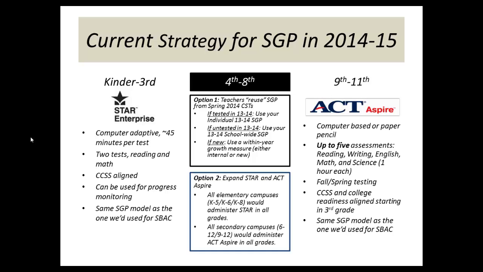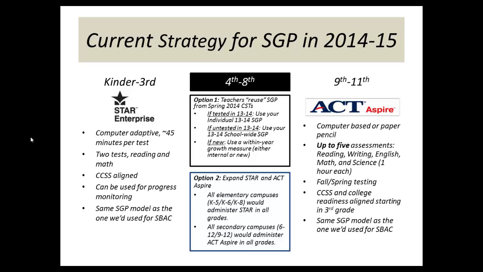Option 2 for next year is to effectively expand STAR and ACT Aspire to every grade level. So what would that look like? At all elementary campuses, so a K5, a K6, a K8, every grade level would administer STAR to all students. So that would be math and reading for all students.